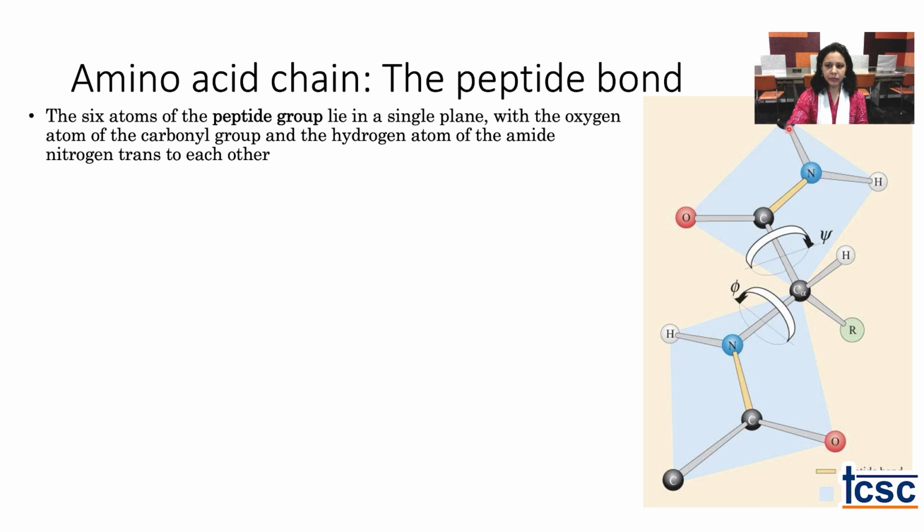The 6 atoms present in the plane are the carbonyl carbon, the nitrogen, the next carbonyl carbon, the C alpha carbon, and oxygen and hydrogen, which are in the trans state. So this is the main peptide bond. And here you can see that all of these are present in a single plane, which we call the amide plane.